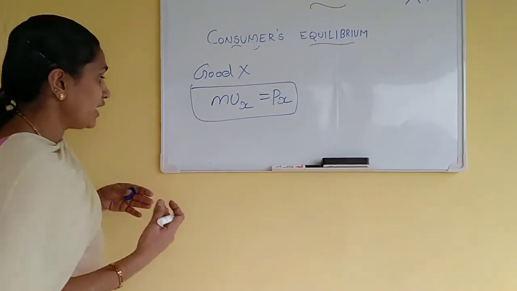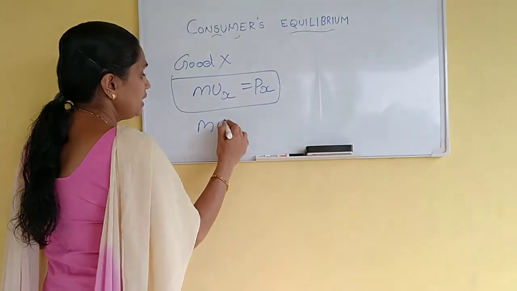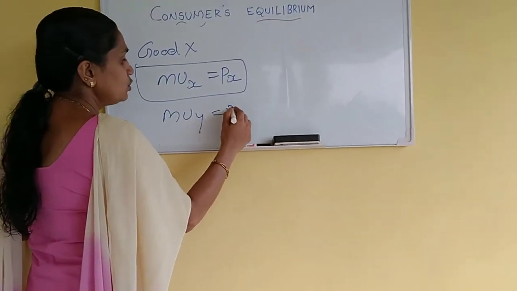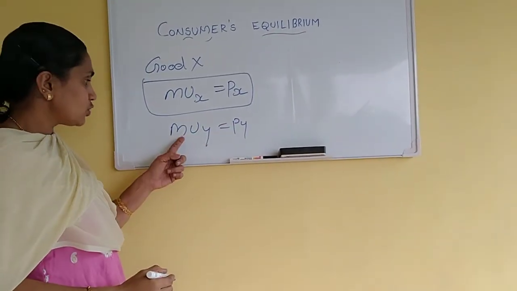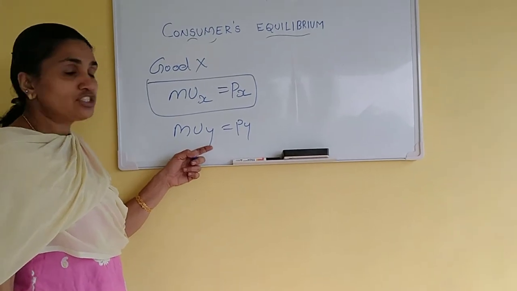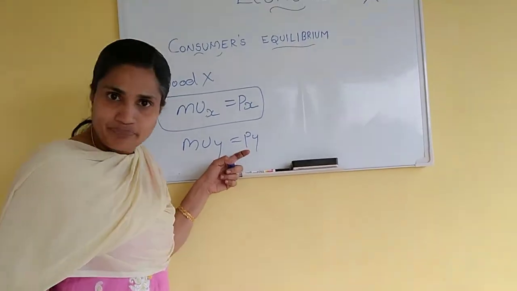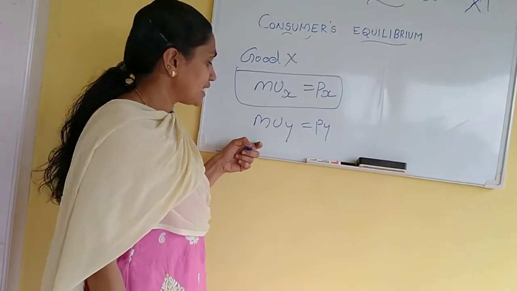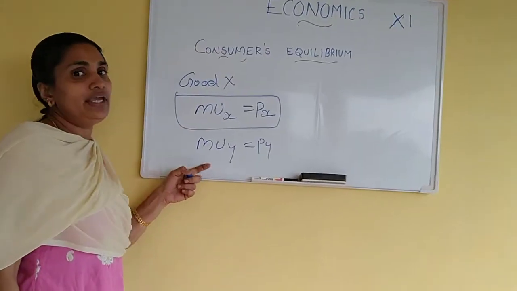If you are consuming Y, what about the consumer's equilibrium? MUY is equal to P of Y. Marginal utility of commodity Y is equal to the price of commodity Y. This is in the case of a single commodity in the economy.